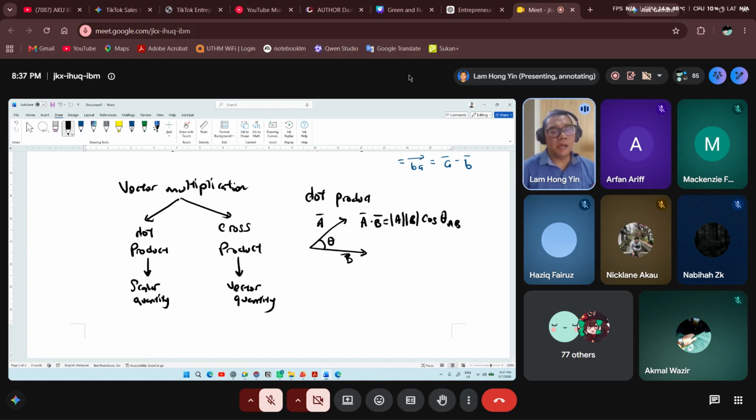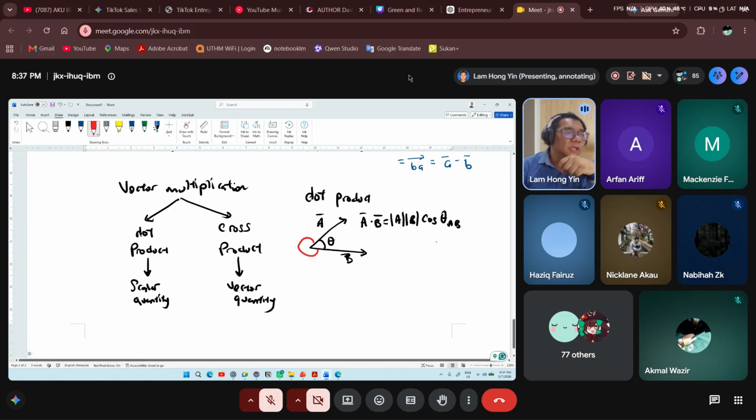This theta refers to the small acute angle, because there is another angle over here, which is the obtuse angle.